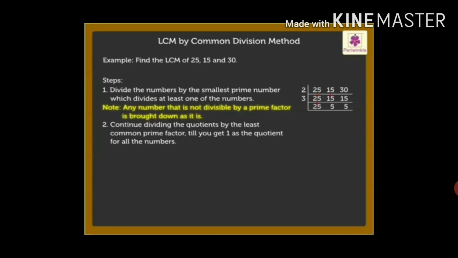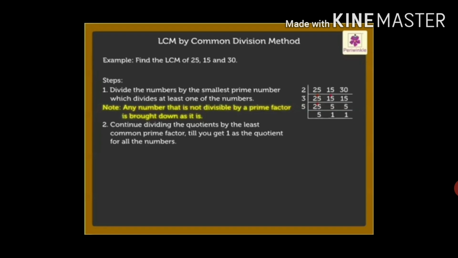The next prime number which we take is 5. So, 25 divided by 5 is equal to 5. 5 divided by 5 is equal to 1. Again, 5 divided by 5 is equal to 1.